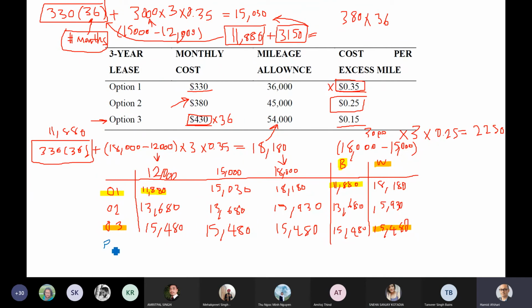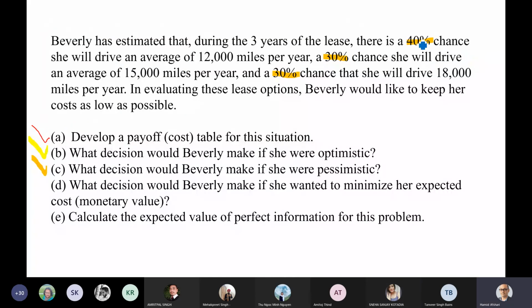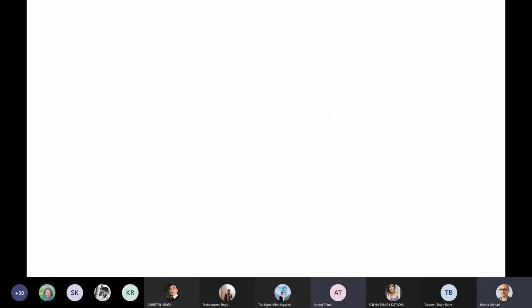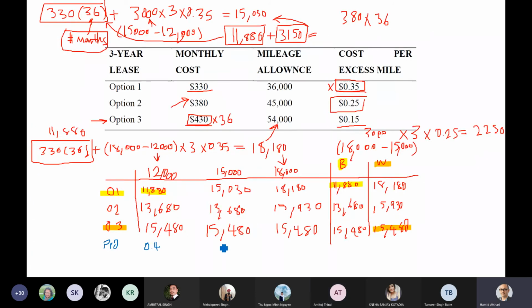How much is the probability of driving 12,000 miles per year? 40%, as given here. You see, there is a 40% chance that she drives 12,000. And then a 30% chance that she drives 15,000 miles, and a 30% chance for the last state of nature. Okay, so we need to minimize expected monetary value. What should I do?